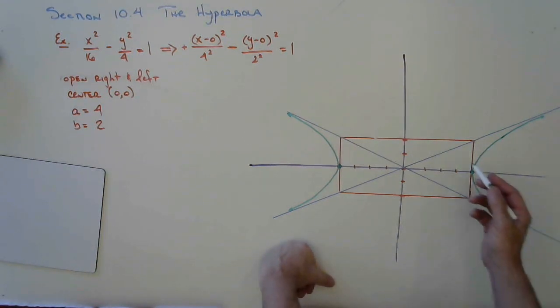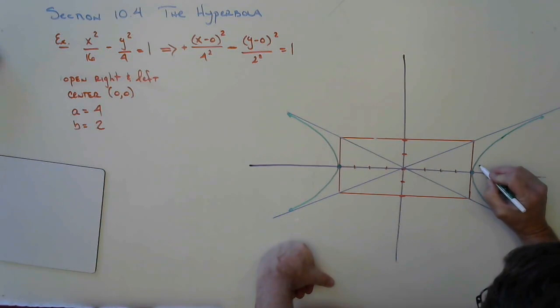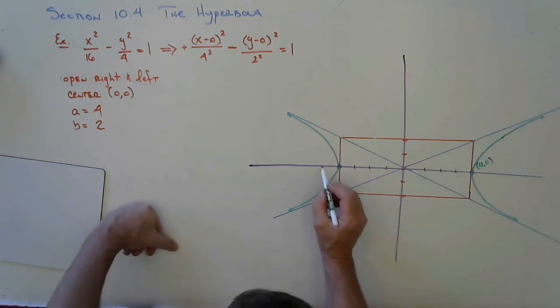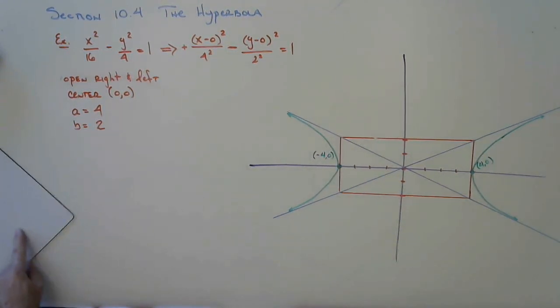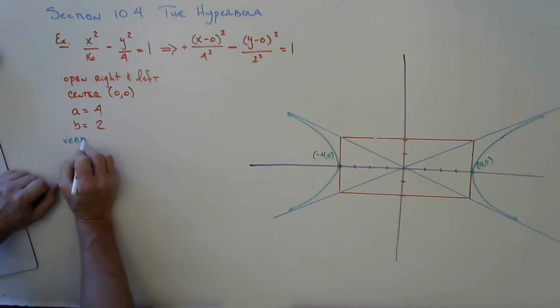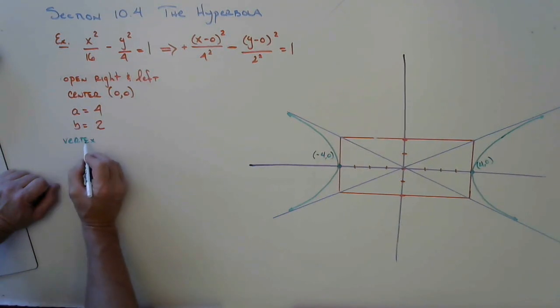If we were doing this for a test, we would have to label these points, right? This is the vertex. This is 4, 0. This is also a vertex. This is negative 4, 0. So if on the test they asked us to find the center and maybe the vertices, and it wouldn't be vertex, would it?